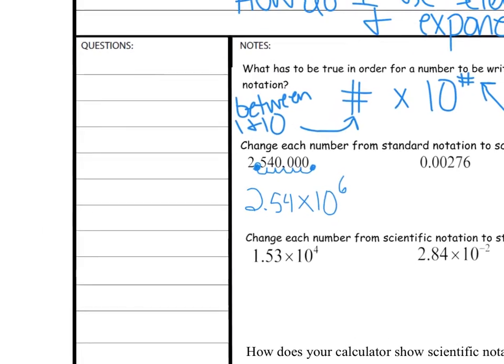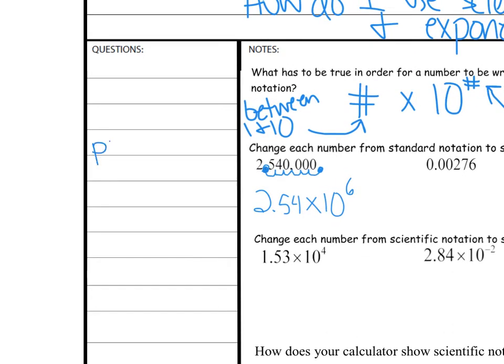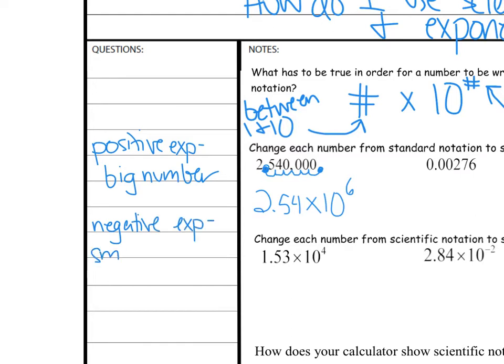So over here on the side, I'm going to write to myself that a positive exponent with scientific notation means a big number, bigger than 1, and a negative exponent with scientific notation will mean a smaller number. I'm going to say smaller than 1.